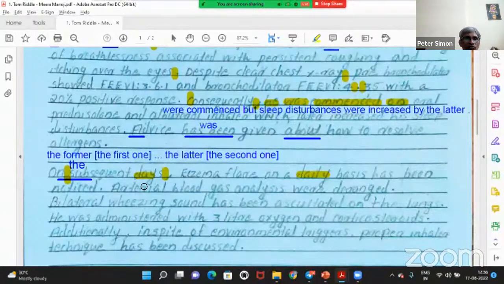Arterial blood gas analysis were deranged. Analysis is singular, were is plural. How can you use were?